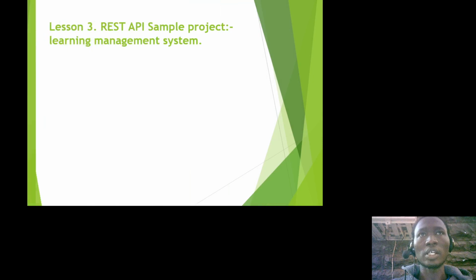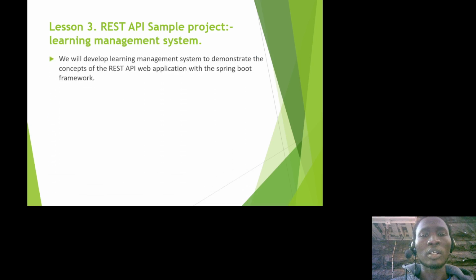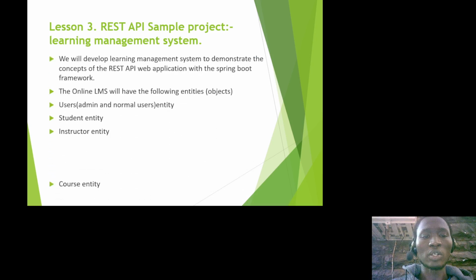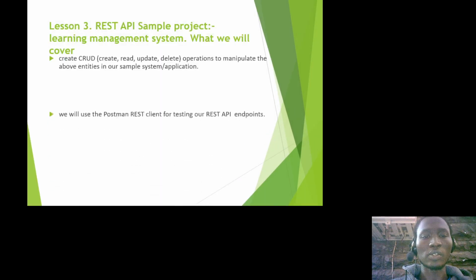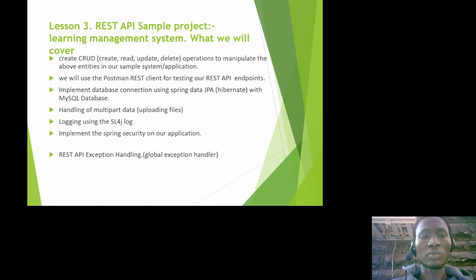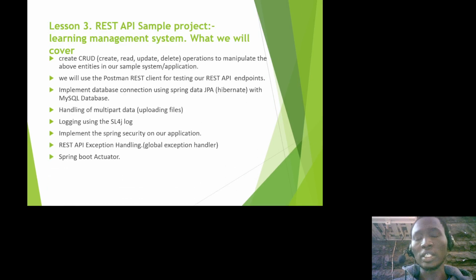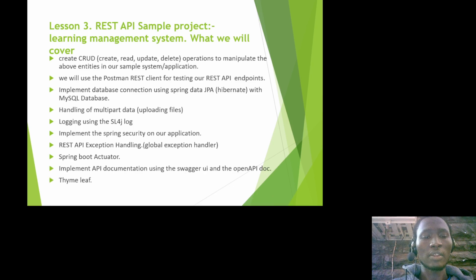This is the sample project that we are going to build, and this is what we are going to have at the end of the course. As we build this project, we shall be covering the following concepts related to Spring Boot, and at the end of the day we will be able to have our application deployed.